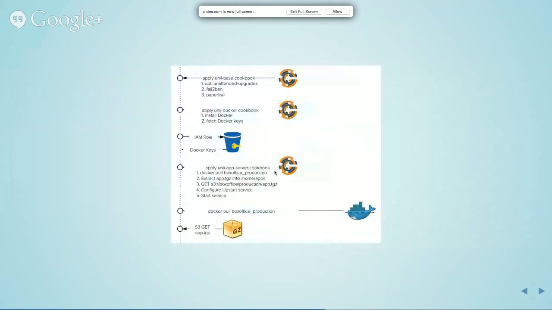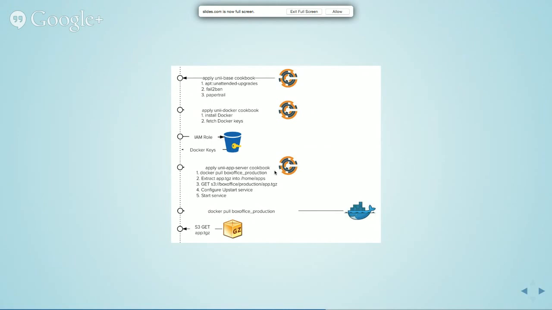On this slide we see what's happening in the Chef cookbooks. First off, we have a brand new instance, so we want to make sure that it's actually secure. We're not launching some insecure accident waiting to happen. So the first thing, it upgrades itself, installs fail2ban, Papertrail for log aggregation, and does everything that is consistent across all of our servers. And then it does a very similar thing to pull the Docker key so it can actually hit our Docker private repo.